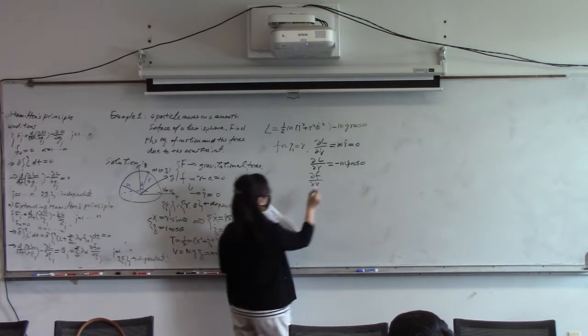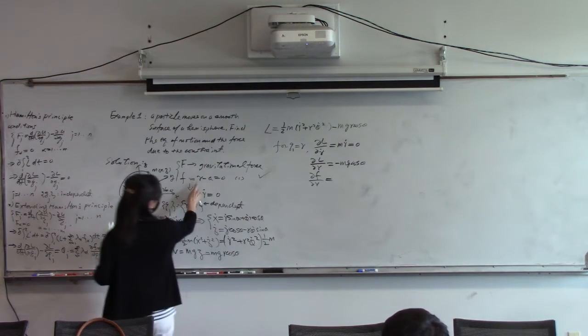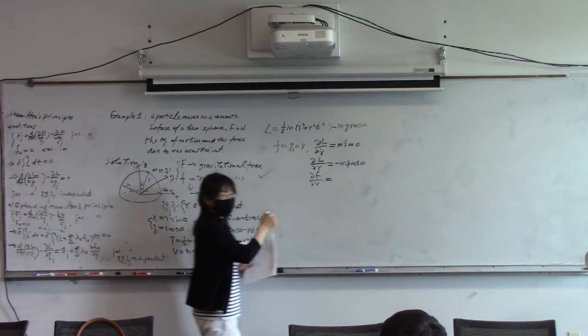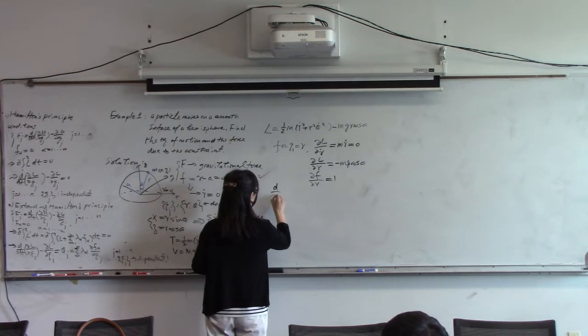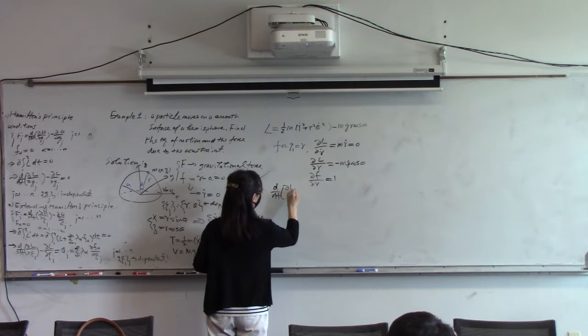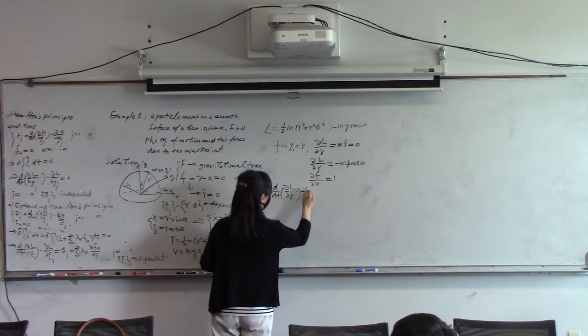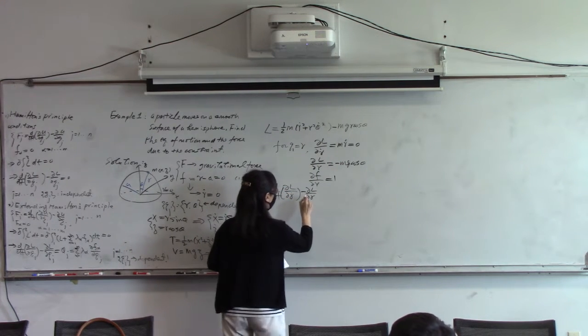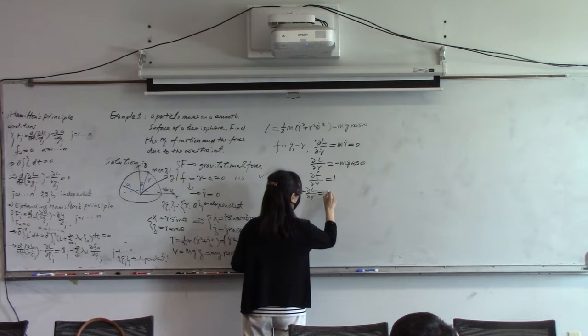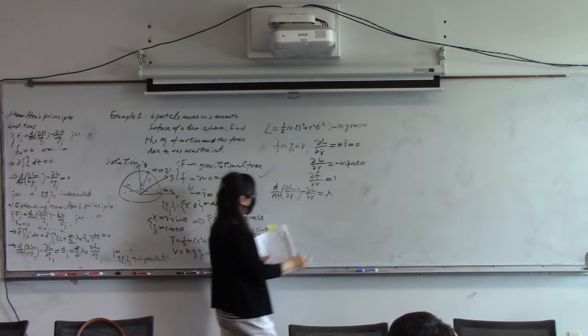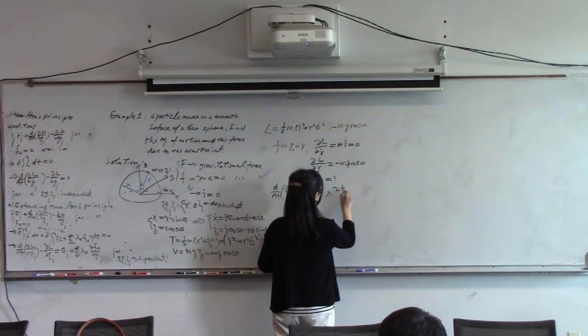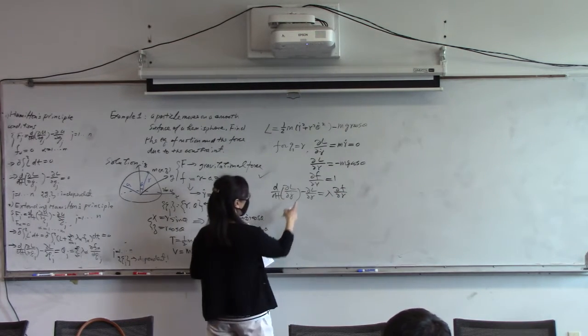So partial f, partial R. Where is f? It is here, so that is equal to 1, right? Now you are going to substitute into this formula: partial L, partial R dot, minus partial L, partial R, equal to, I'm going to use lambda since we have only one equation of constraint, times partial f, partial R.